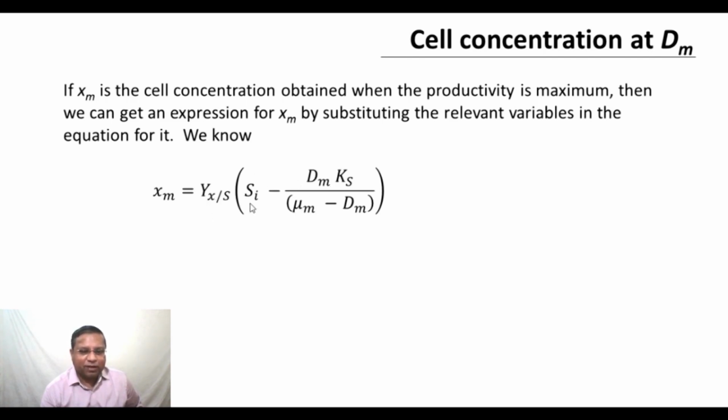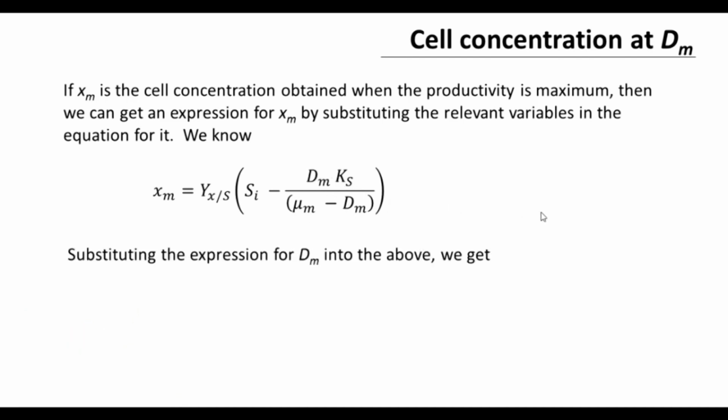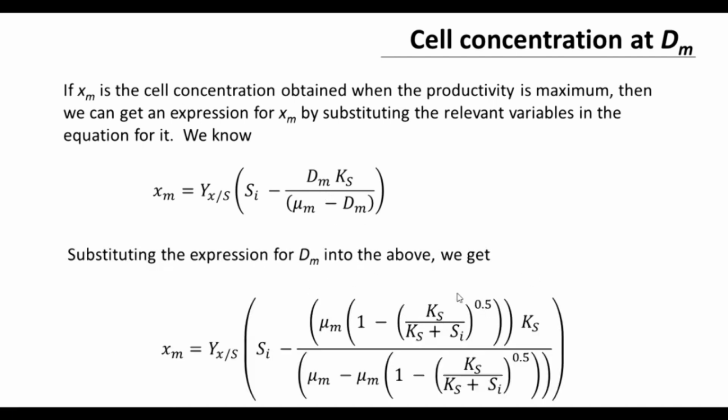Yxs times Si, the inlet concentration, so there is no change here. D has become Dm here, Ks is a constant, mu m is a constant, and D has become Dm here. So substituting the expression for Dm into the above, we get, don't worry about this, this is just Dm being replaced in terms of the Ks and Si, nothing else.